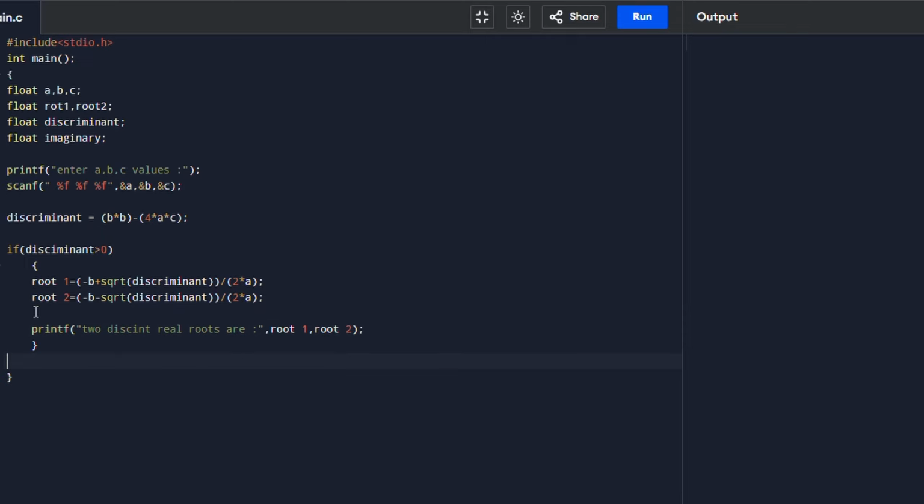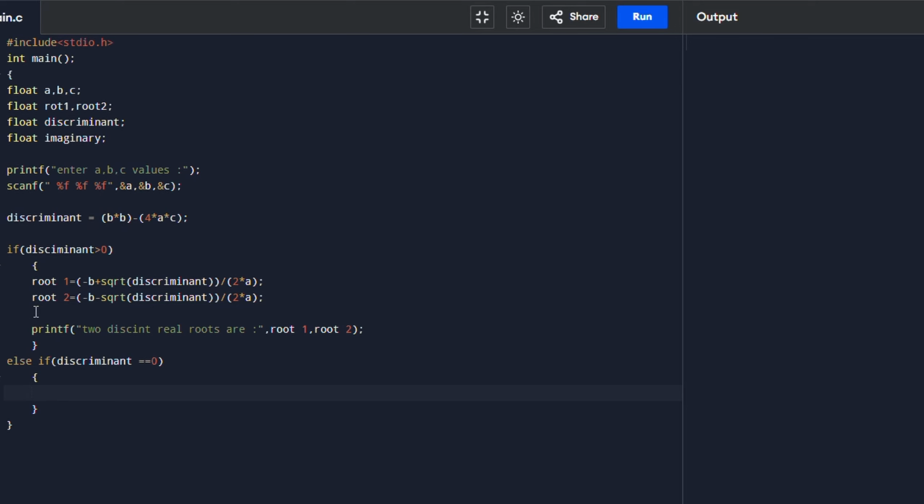Now let us go to the second condition, that is if discriminant equals 0. Else if discriminant equals 0, both roots formula becomes x equals minus b by 2a.